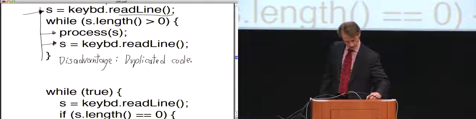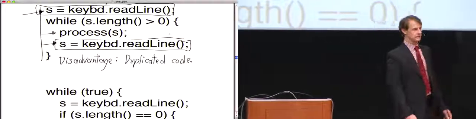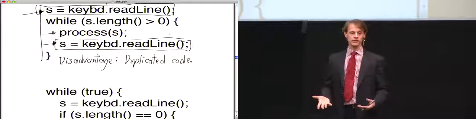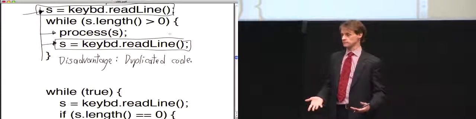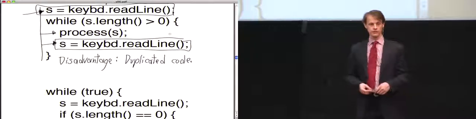So you know I have code here, and then I have the exact same code all over again. Why is that a problem, you might ask? Well, suppose it's not 1 line of code. Suppose it's 100 lines of code that I have to duplicate. That happens. And if it happens, that introduces new problems.